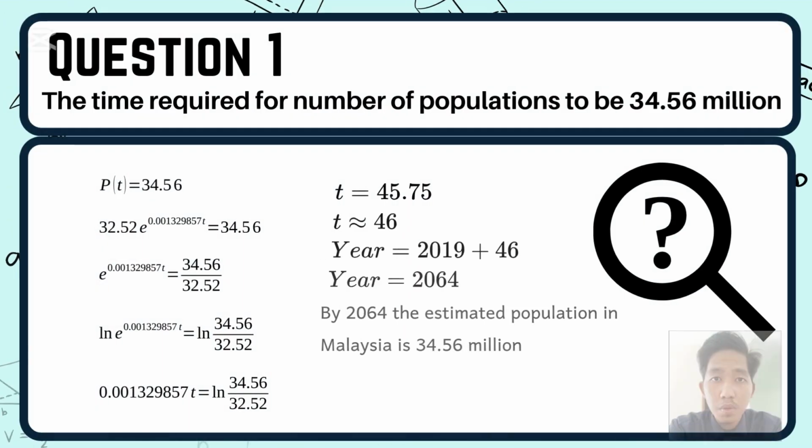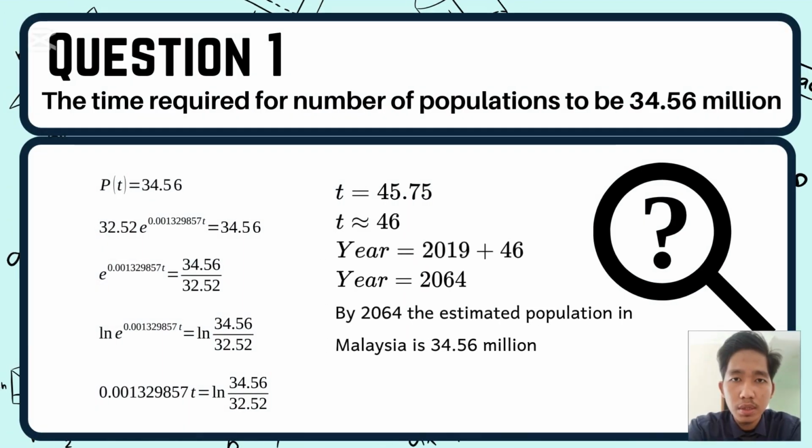Now we can answer question 1. The question asks to find when the population becomes 34.56 million. So, the first step is we make the unique solution equal to 34.56 million. After some calculation, we get t is equal to 45.75 and then we approximate it to 46.